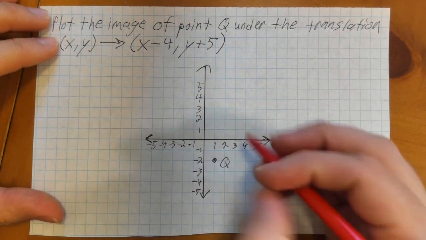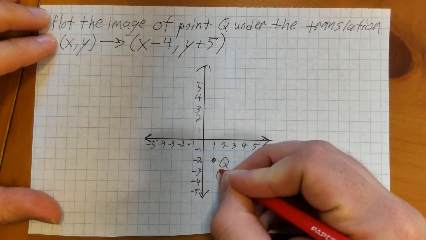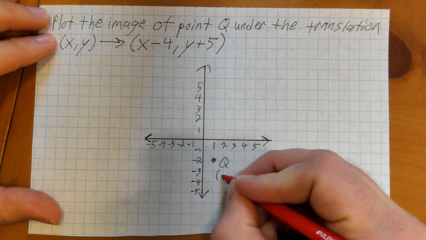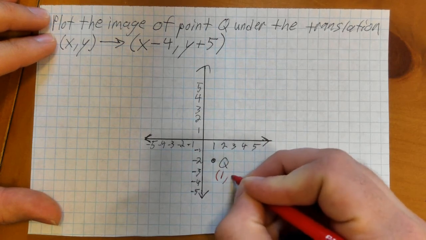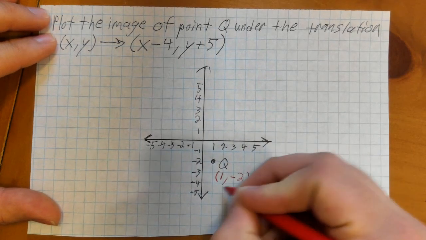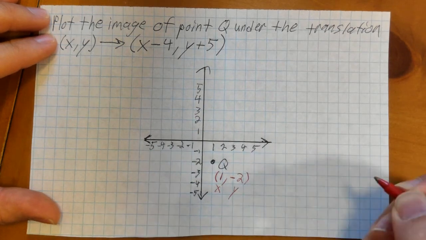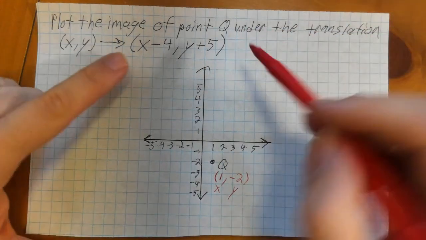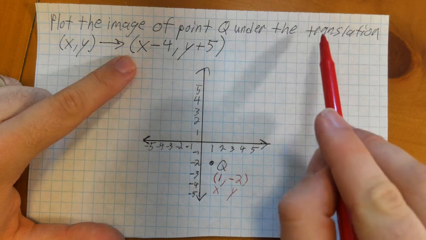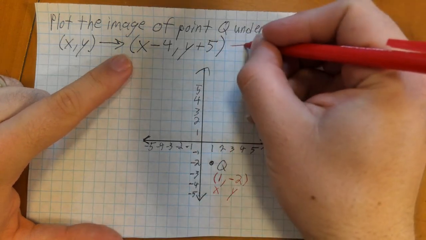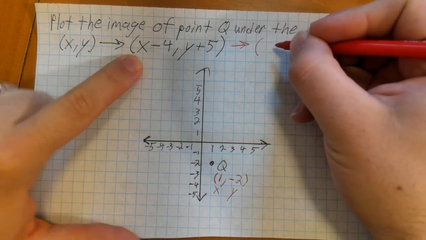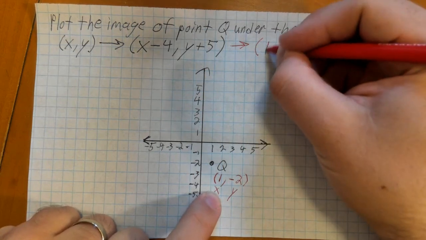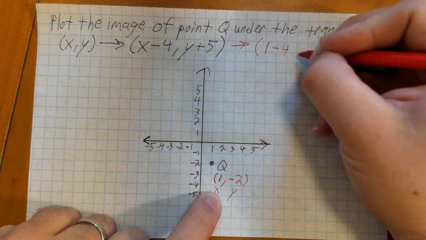First, I'm going to look at point Q here, right? I'm going to write the coordinate for this point here. So we got 1, -2. This is my x and y value, right? So these are like instructions for our translation. What this is saying is that for my x value of 1, I'm going to subtract 4.